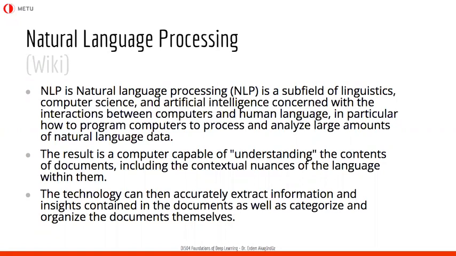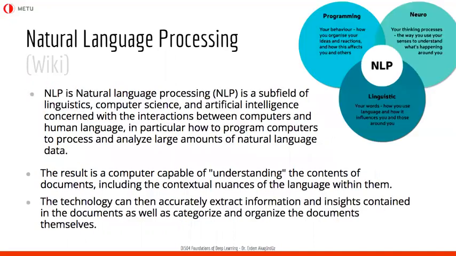The result of an NLP process is a computer capable of understanding the contents of a language or a document or whatever it is. This technology can accurately extract information and insights contained in documents, especially in recent years, or maybe categorize and organize the documents for many purposes.